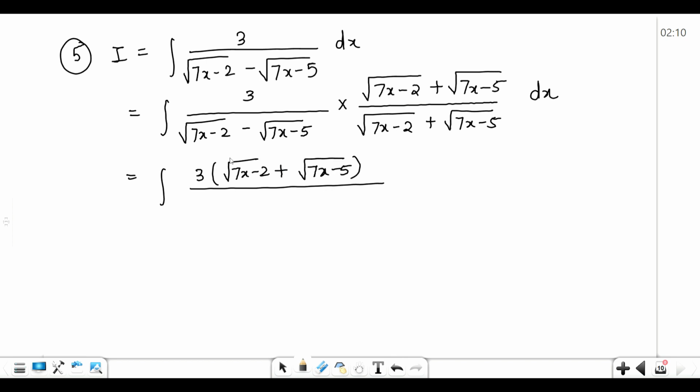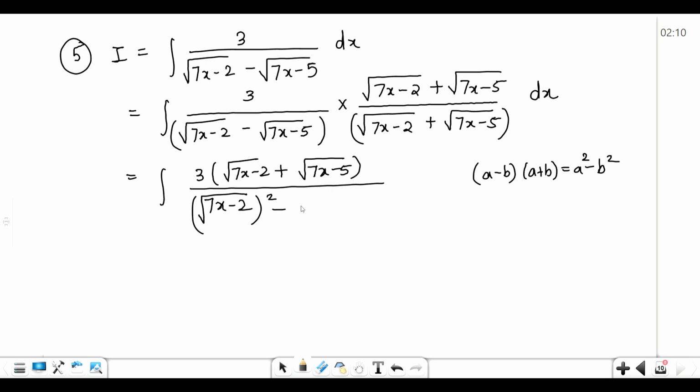And in the denominator it becomes (a minus b)(a plus b), like this. We have the same terms but with plus and minus. So the formula is (a minus b) multiplied by (a plus b) gives you a square minus b square. So here we have (7x - 2) square minus (7x - 5) square.